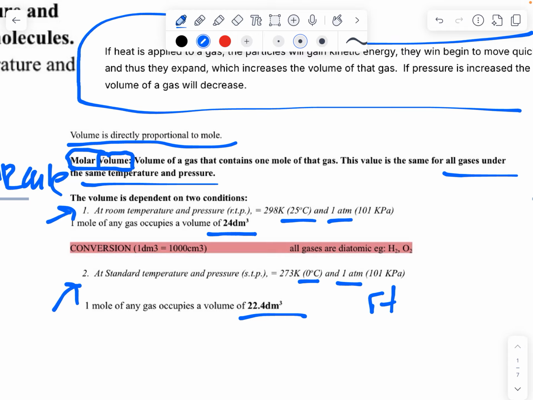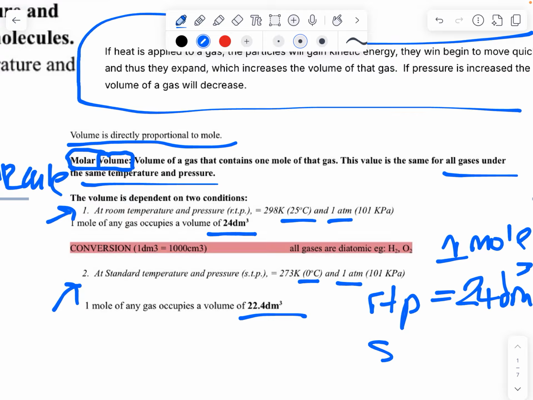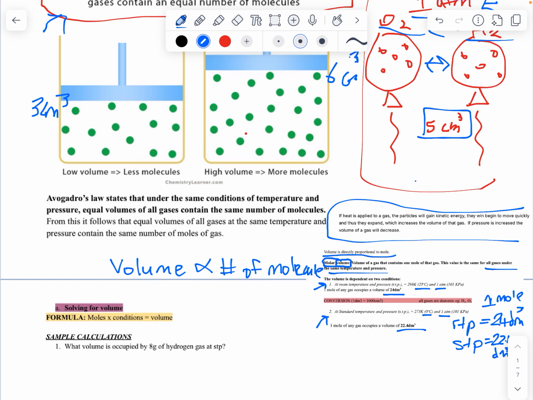At RTP, gases will occupy a volume of 24 dm cube for 1 mole. And at STP, gases will occupy 22.4 dm cube. I'm not able to write it there. Just remember these important values.